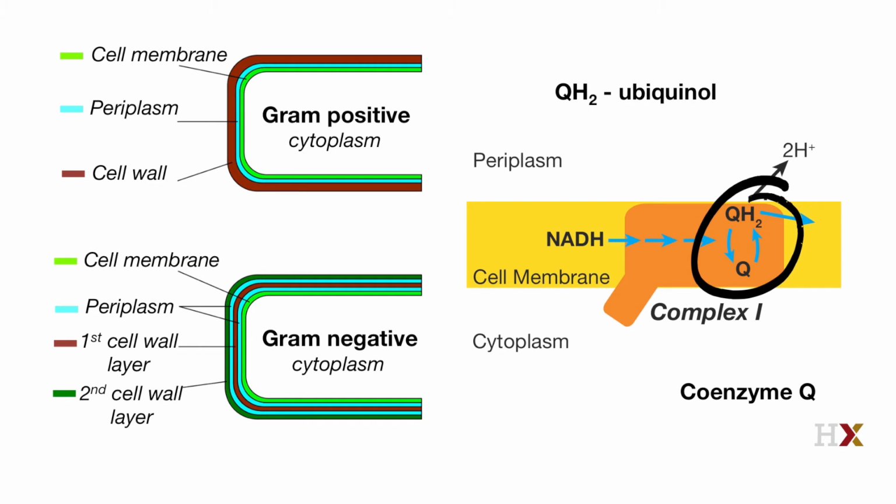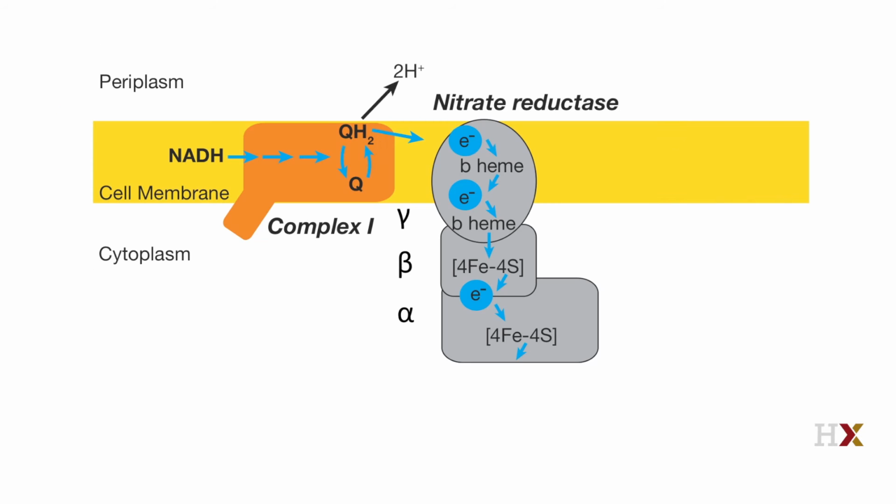So ubiquinol will be then the molecule that diffuses within the membrane of the cell and transfers its electrons to the first enzyme that catalyzes the first reaction of denitrification. Ubiquinol will interact with the gamma subunit of an enzyme called nitrate reductase.